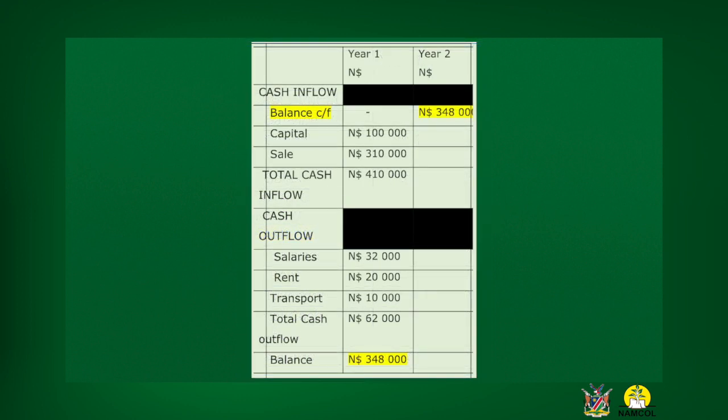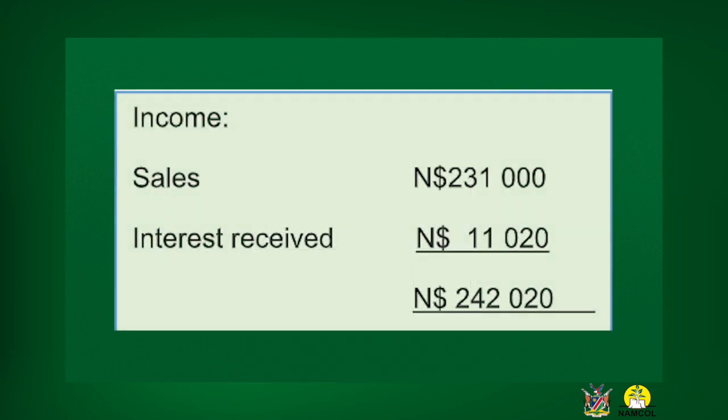The closing balance of year 1 is now our balance carried forward in year 2. Now we continue to input cash inflow and outflow as we have done with year 1. Inflows were income that comes from sales and from bank interest received, and it was 231,000 Namibian dollars from sales and 11,020 in bank interest received.